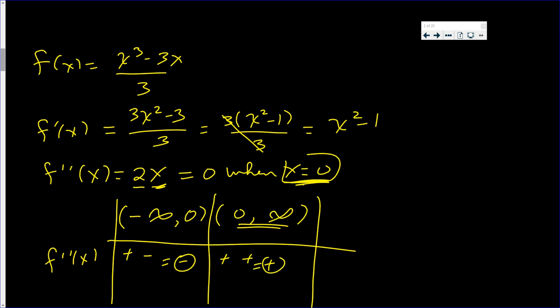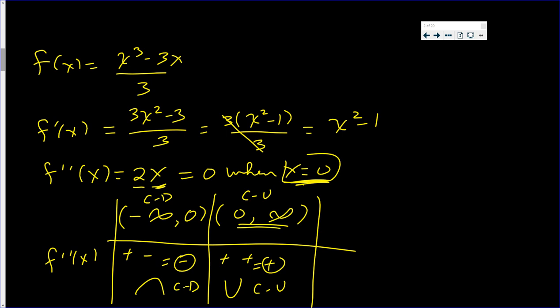We have concave down. We have concave up. That is, this function is concave down on this interval, is concave up on 0 to infinity. That's what the second derivative tells you, concavity.